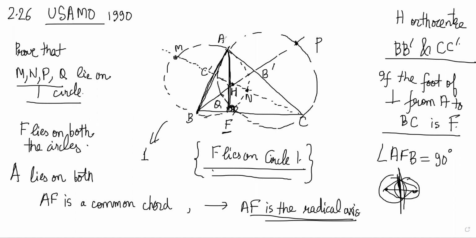So if that is the radical axis, can we now show that M, N, P, Q lie on a circle? Since it is the radical axis, every point on it has equal power with respect to both the circles, right?